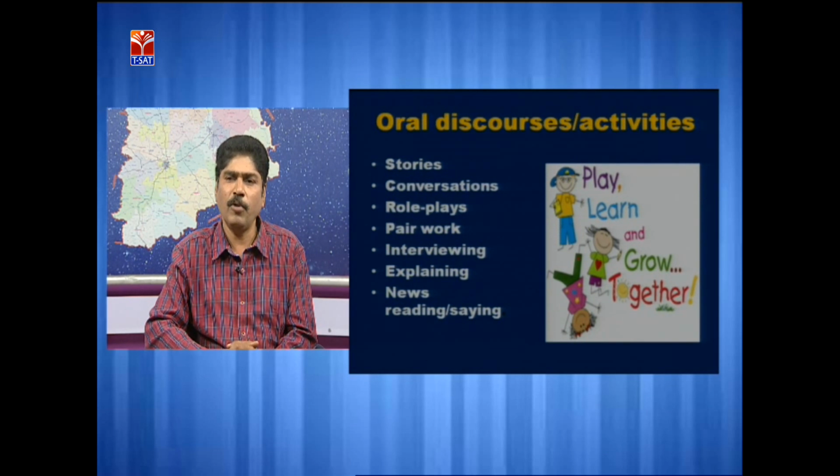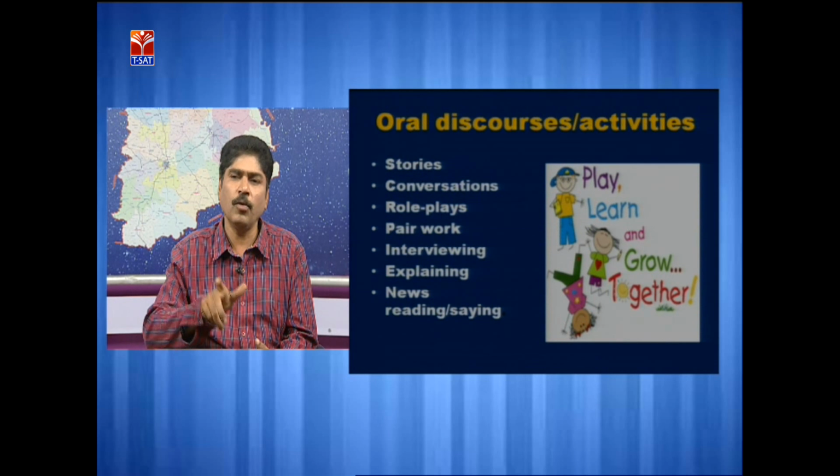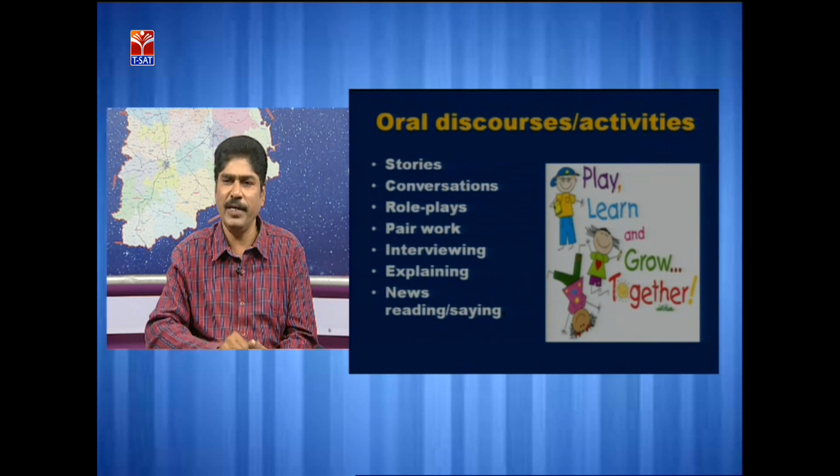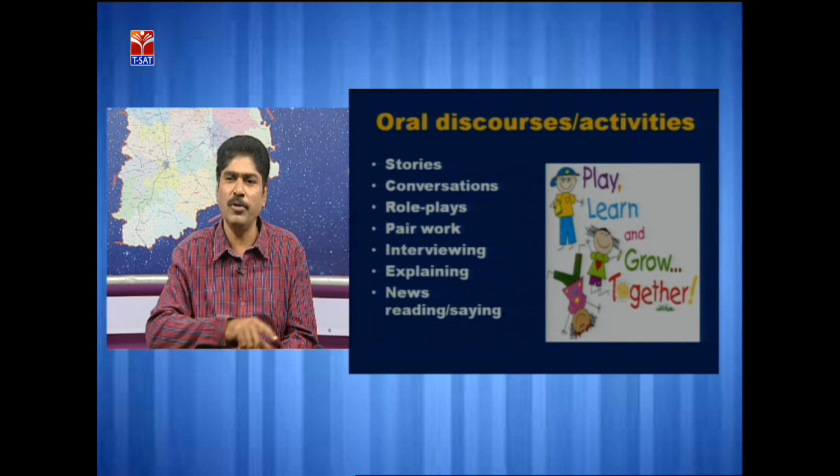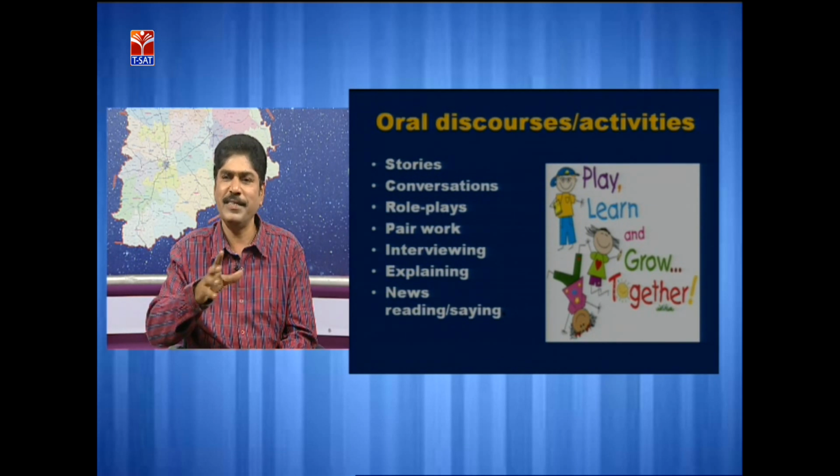How do we develop oral practice? Ask students to say stories. Encourage them to implement conversations. Let our students participate in role plays and pair works. Interviewing: let one of the students go to the headmaster's room, interview him about his childhood, come back and say it to the class.